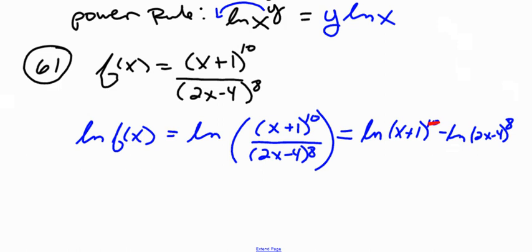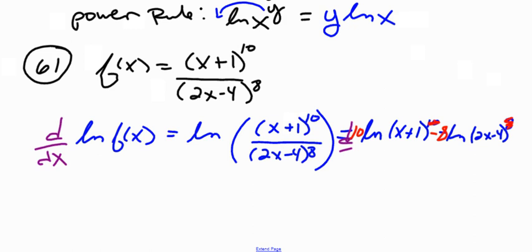So I'll bring this exponent down as a factor, and I'll bring this exponent down as a factor. All right, so now from here, I have the natural log of f of x is equal to 10 times the natural log of x plus 1 minus 8 times the natural log of 2x minus 4. At this point is when I want to take the derivative of both sides of my equation.